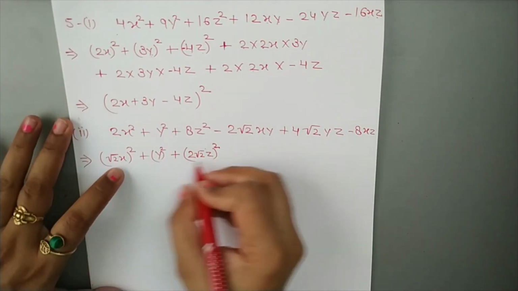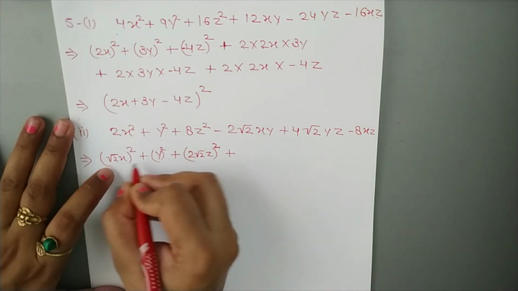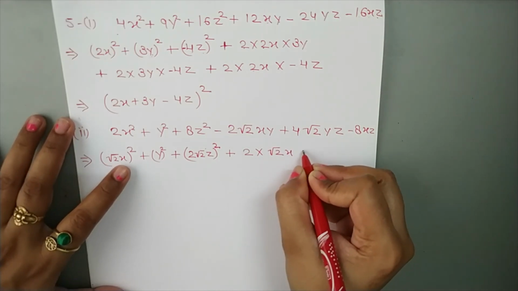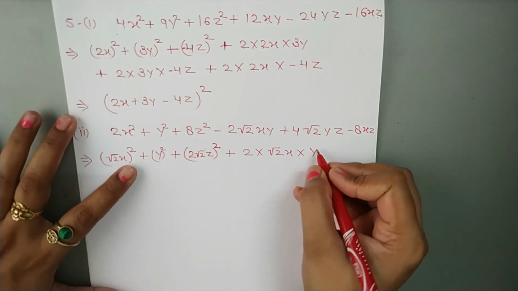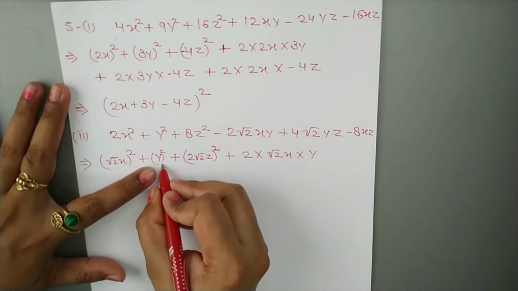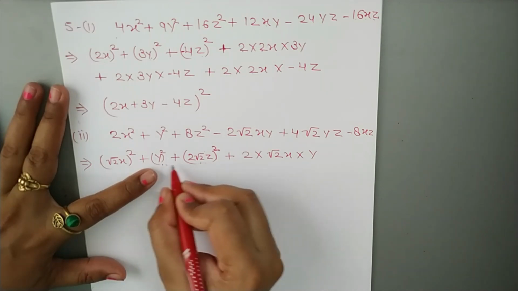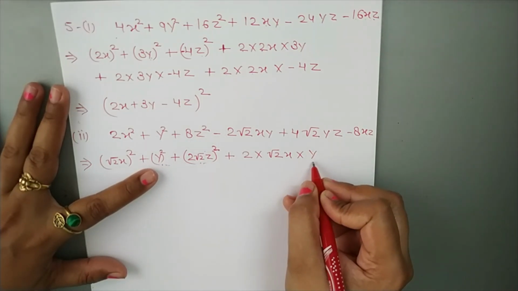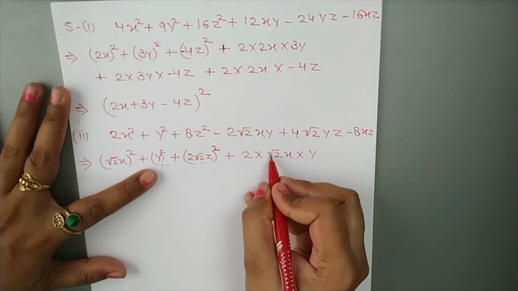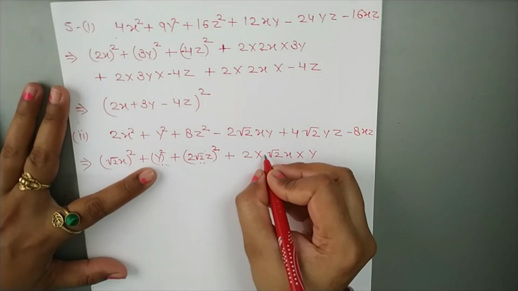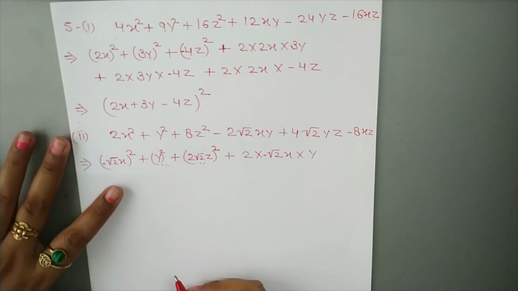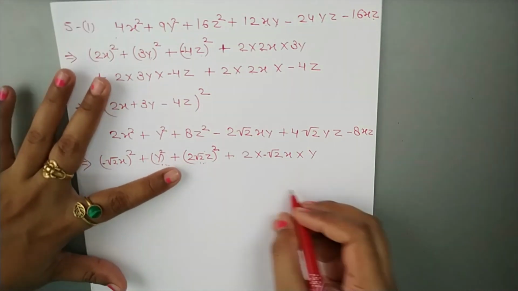So it can be written as plus 2 into AB, then 2 into BC. So both are positive. It means here this will be positive. Yeah, this will be negative. So here we can write this.